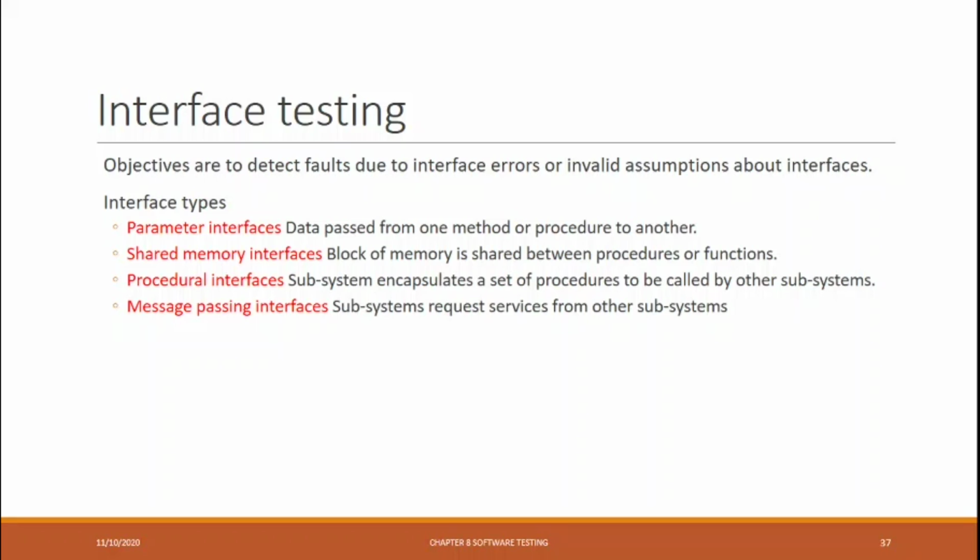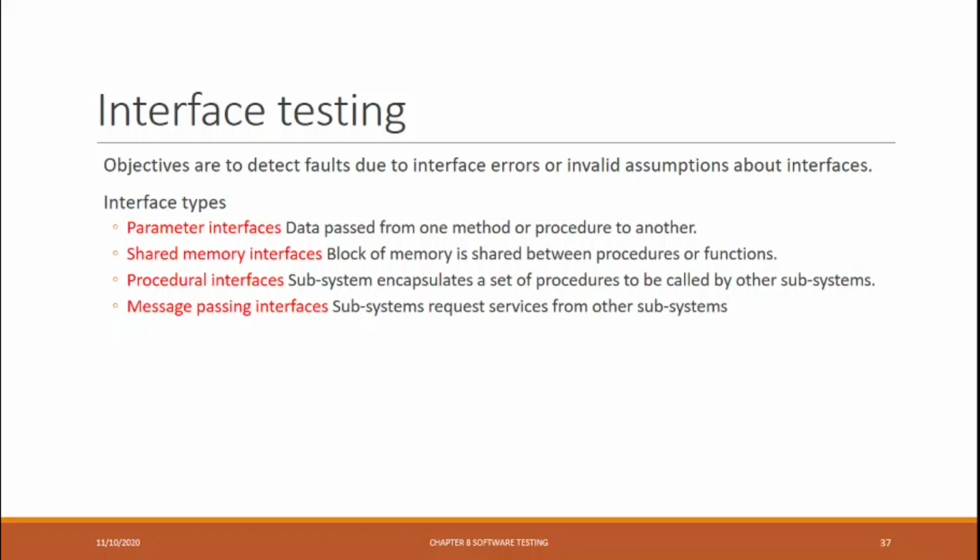So if you didn't find the error in that object, it leads to a problem in the other component also, because they share the memory. In these interfaces, a block of memory is shared between components, and data is placed in the memory by one subsystem and retrieved from there by another subsystem. This type of interface is often used in embedded systems. So you should take care of this also.